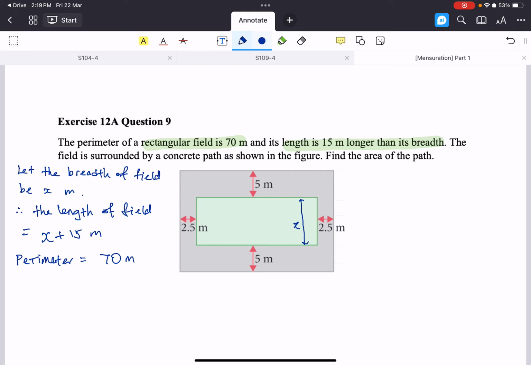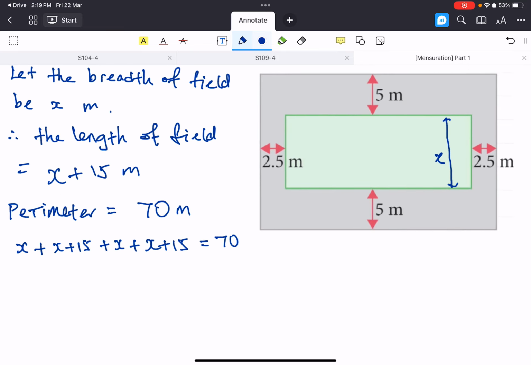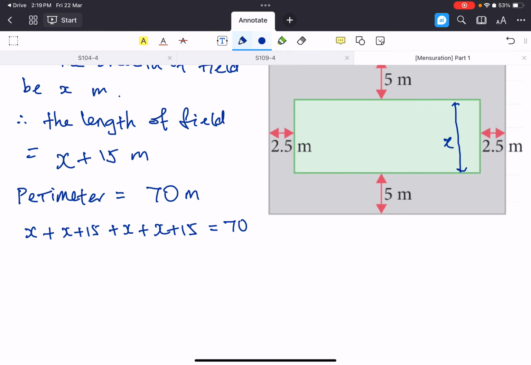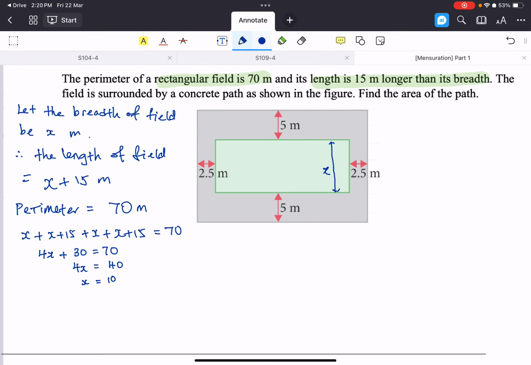Now we also know that the perimeter is x plus 15 plus x plus 15 again. So this equals 70 meters. From here, we just add them up: 1, 2, 3, 4, 4x plus 30 equals 70. 4x equals 40. x equals 10. So we found the value of the breadth.